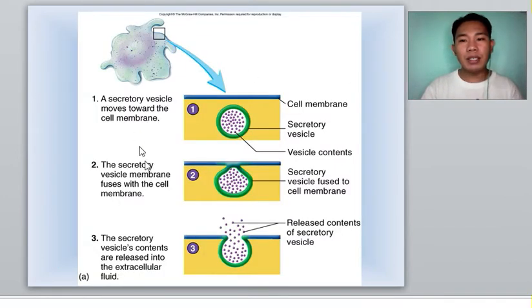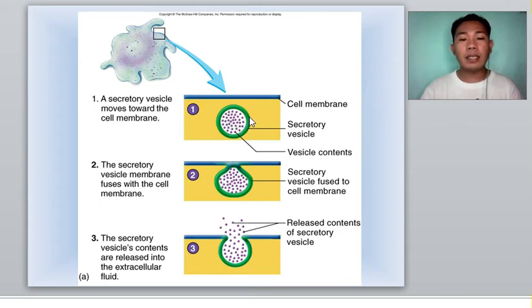This illustration is a use of vesicle in transporting the materials in and out of the cell. Notice in number 1, it's a secretory vesicle that moves towards the cell membrane. The color blue here is the cell membrane, and this one is the secretory vesicle that has a content.